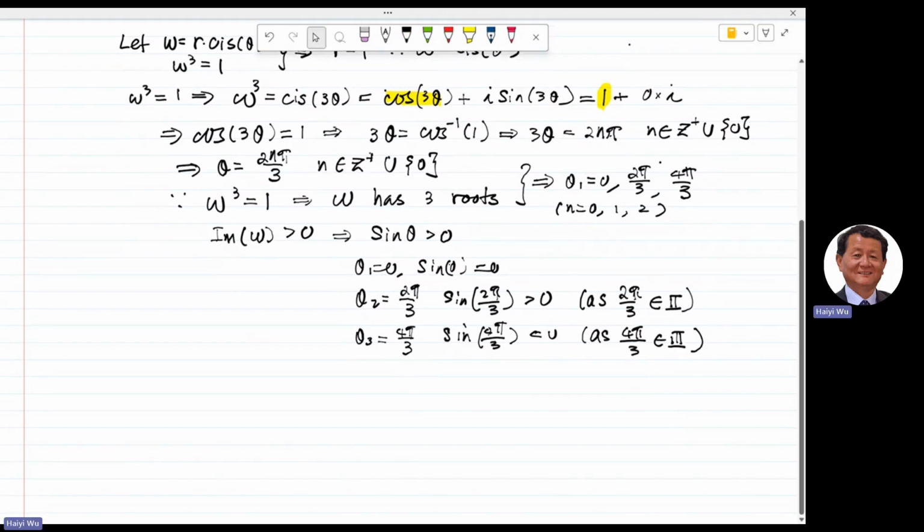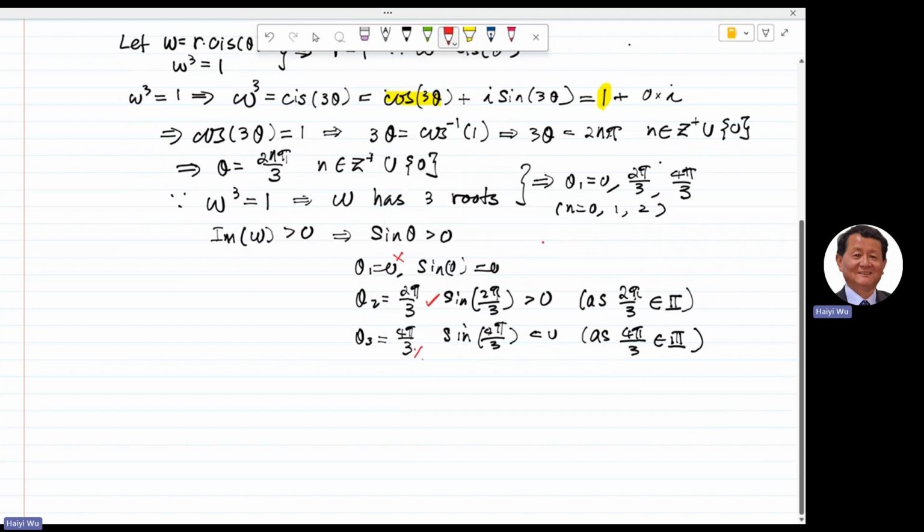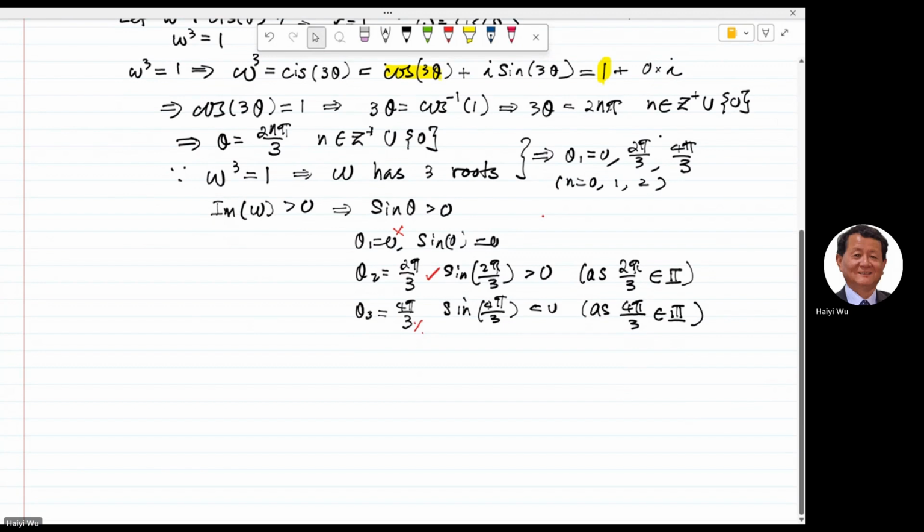So we can't choose this one, and we can't choose that one. The only theta we can choose is the second one. So therefore, omega must be 1 cis 2 pi over 3.